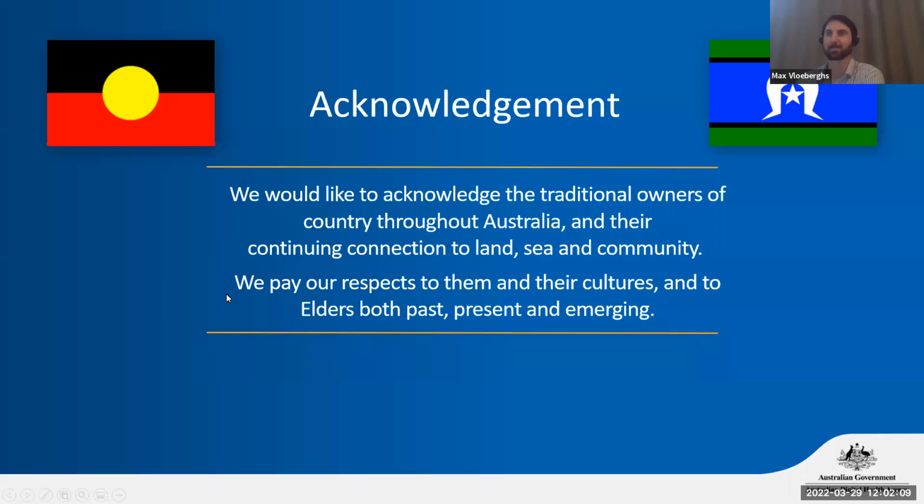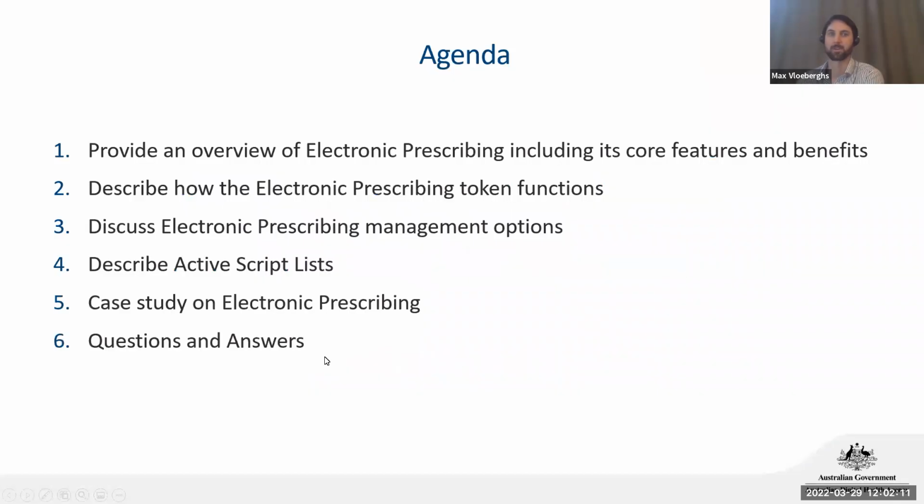To start off today, I'm just going to go through an agenda for us today. So we're going to go over an overview of electronic prescribing, including the core features and benefits. We're going to go over electronic prescribing tokens and how they function.